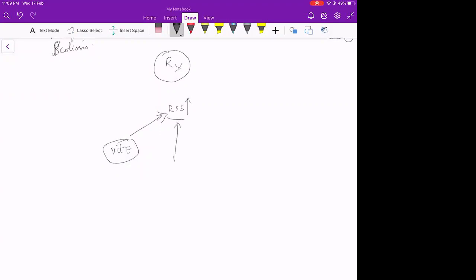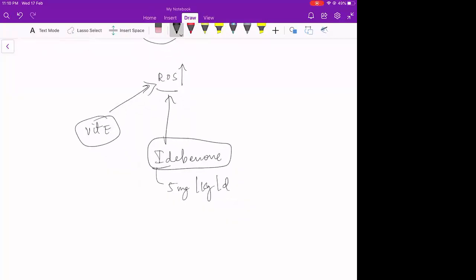Another scavenger which we use is idebenone. This drug also removes the reactive oxygen species. It is given at 5 milligrams per kg per day, and usually it does not have much effect on CNS manifestation, but improves the cardiac activity overall.